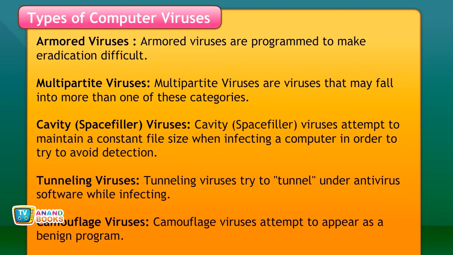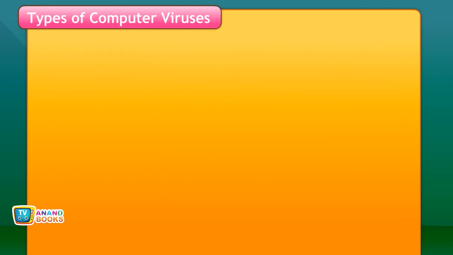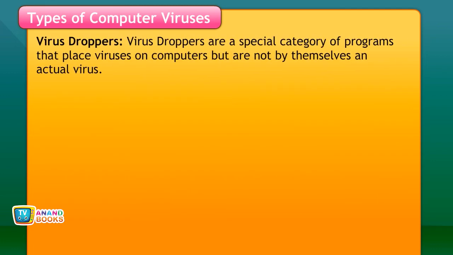Camouflage viruses. Camouflage viruses attempt to appear as a benign program. Virus droppers. Virus droppers are a special category of program that place viruses on computers but are not by themselves an actual virus.